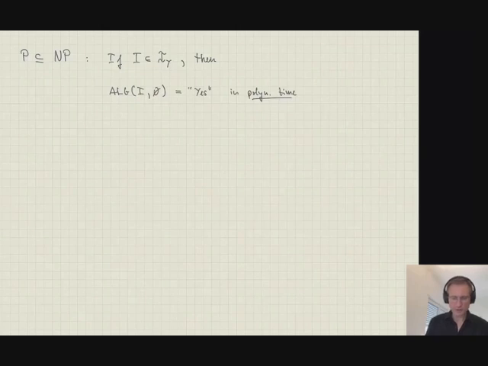And more formally, to show that P is a subset of NP, what I have to show is that yes instances can be verified in polynomial time. So if you give me a yes instance, then I just take my algorithm, which decides the problem. So it decides for any instance if it's yes or no. And hence I can just append to the input an empty certificate, which is useless.